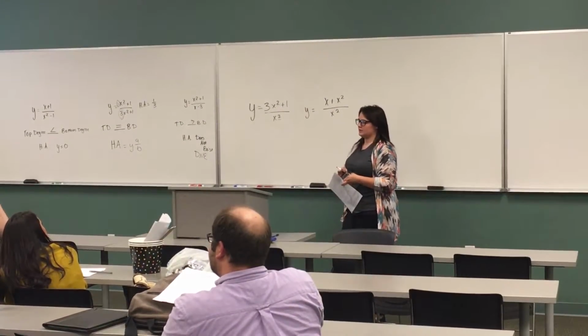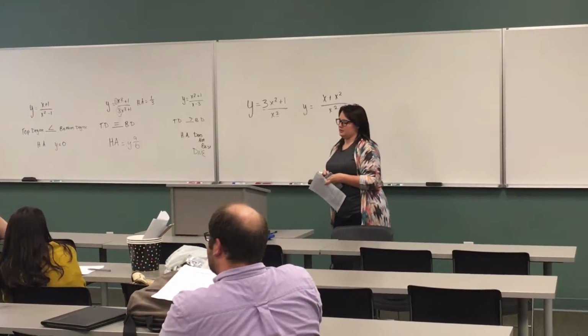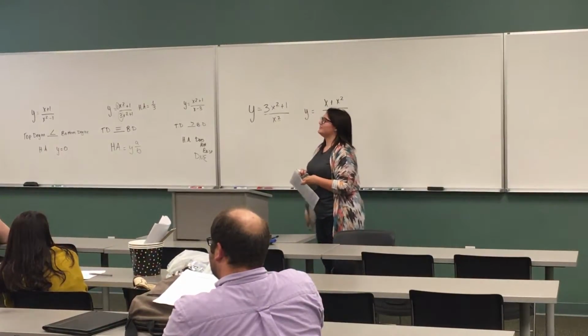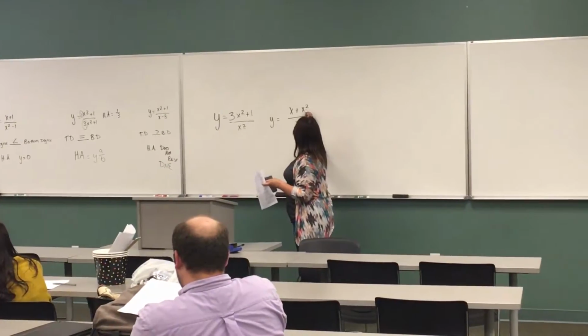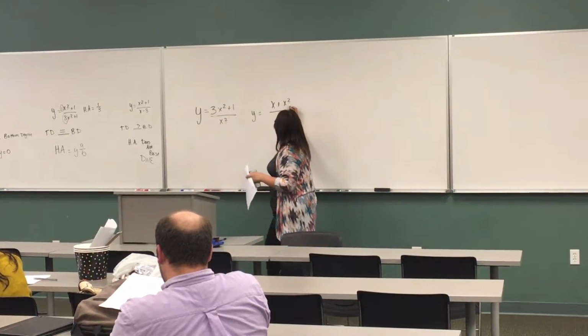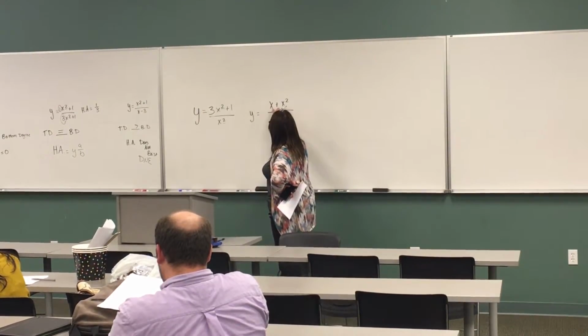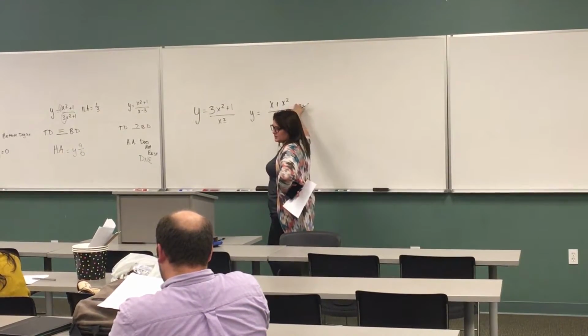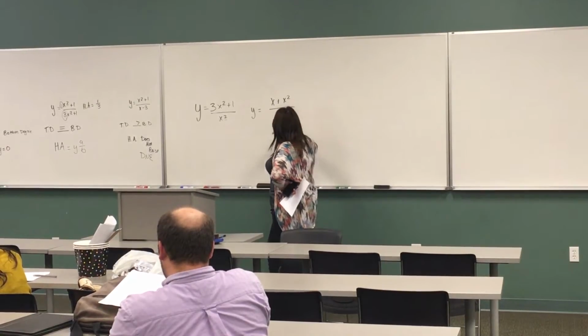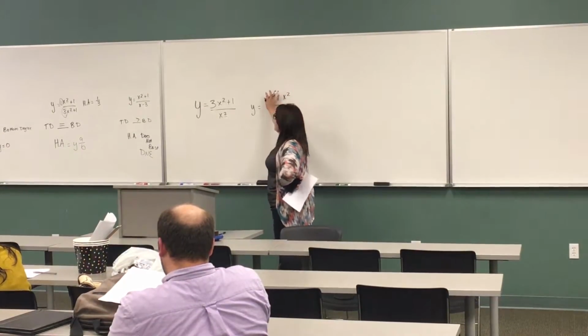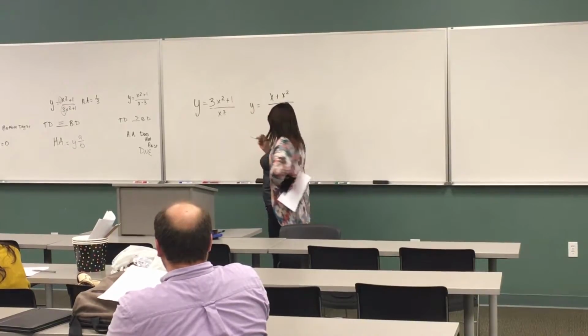Can you tell me why it's 1? Because you said you have to look at the highest power on the top and the highest power on the bottom, so the coefficients are 1. So what you're saying is that even though this term comes later, it's still the highest, so you still use it. Cool. So you can ignore everything but the highest powers.